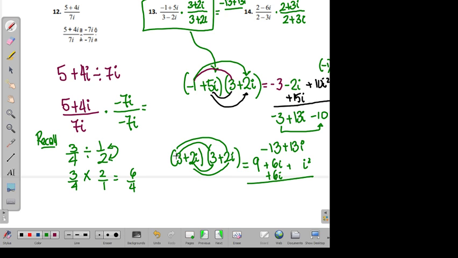3 times 3 is 9. 3 times 2 is 6. 3 times 2 is 6. And 2 times 2 is 4. Is now better? Yes. All right, so let's add this. This is 9. This is 12i. But don't forget that i squared is -1. So this is going to give you 4.